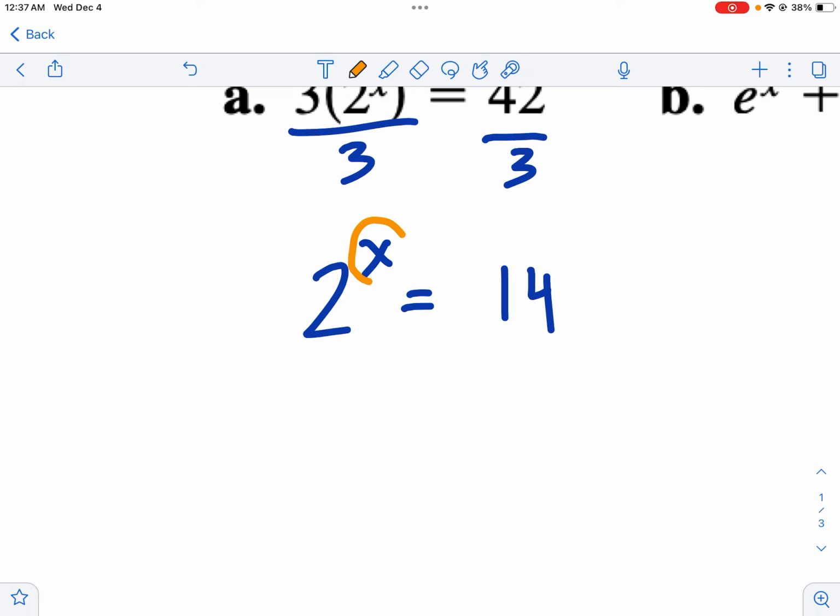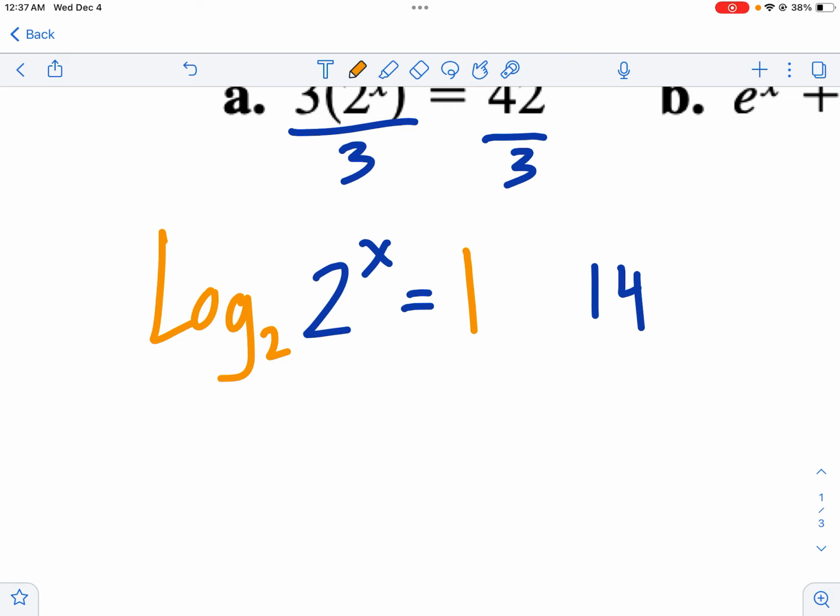I want to find a way to bring the exponent down to make it the same plane, the same level that we're used to. Right now it's in the exponential world. We want it into the regular number. So how you can do this is if you take this base, if I do a log of that base to both sides, what's going to happen is if the base is the same as that number, they will reduce to 1, and you will have your x left.